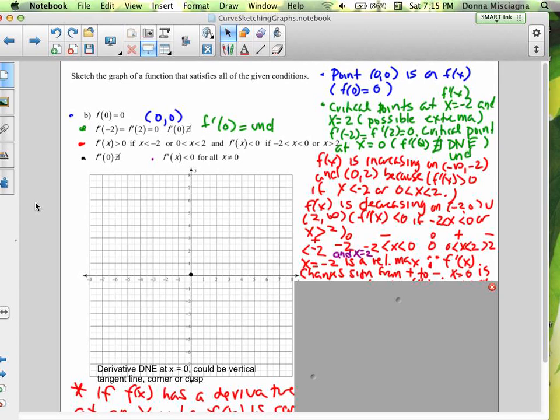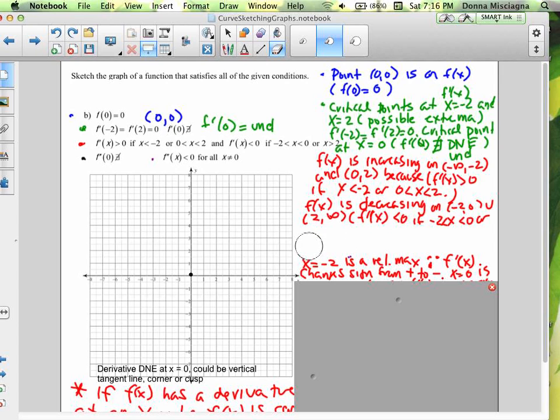What happened to the critical point at 2? That just seems to have disappeared altogether. I am going to try to erase this and make this a little cleaner, because I can't even find one of my critical points on that.